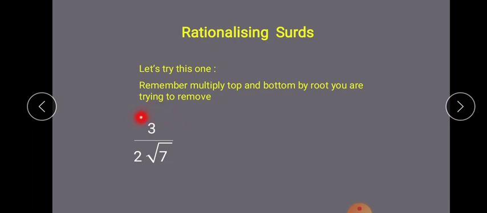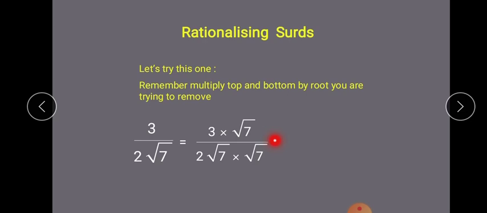Let us try one more question. 3 divided by 2 root 7. In the denominator, the number is 2 root 7. So 2 is already a number, whereas root 7 is irrational. So what will we do? We will multiply both the numerator and denominator with this irrational number, that is root 7.